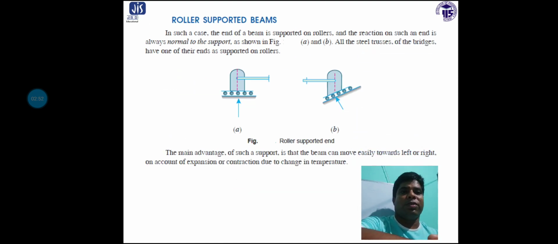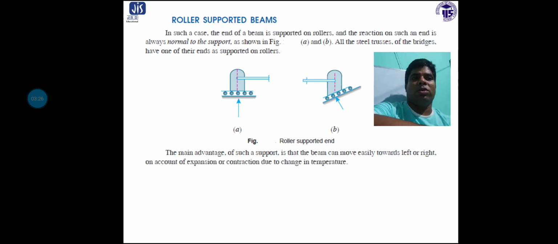And if you see the figure, that means the roller supported beam. In such cases, the end of the beam is supported on a roller, and the reaction in such cases is always normal to the support, which is shown in figure A and figure B. All the steel trusses of the bridges have one of their ends supported on a roller.